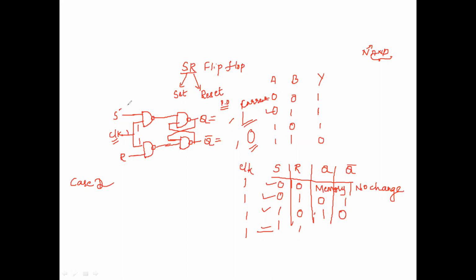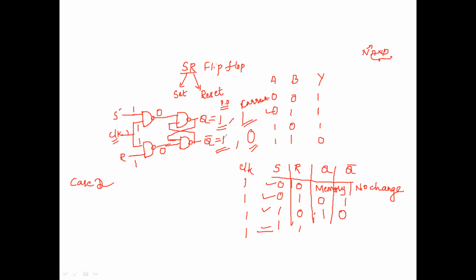Let me take the condition 1 and 1. So when S and R are 1 and the clock is equal to 1, the output of this NAND gate is 0. 1 and 1, the output of the NAND gate is 0. So irrespective of the other input, if one of the inputs to the NAND gate is 0, your output will be high. See, Q is also high and Q bar is also high.